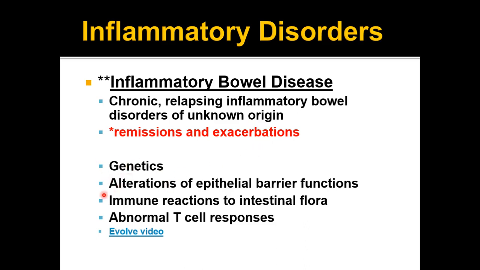Here are the factors that I listed earlier on in the video lecture: the genetic component, immune system component. We're not sure exactly what's going on here. And the Evolve video, you guys have access to this through the Evolve website page for our textbook. They have a pretty good overview of the inflammatory bowel diseases.